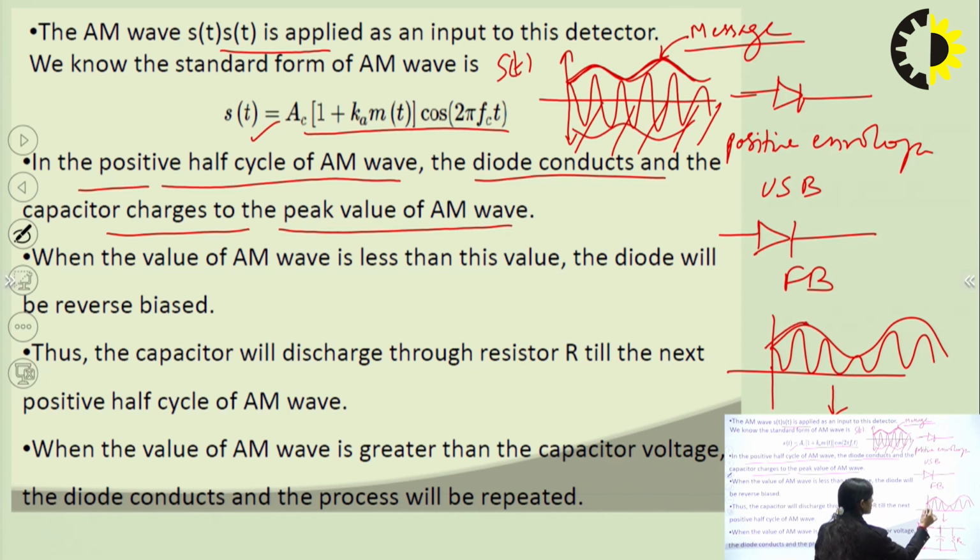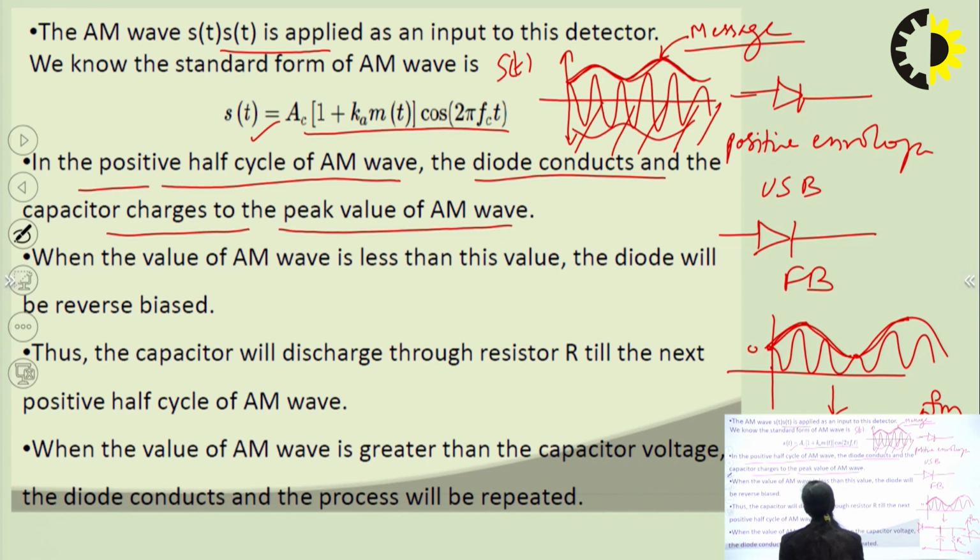It is charging from the lower value to the peak value, and again from the lower value to the peak value. In this way, we obtain the original message signal on the output side, and it has a frequency of fm. This is how the envelope detector works.